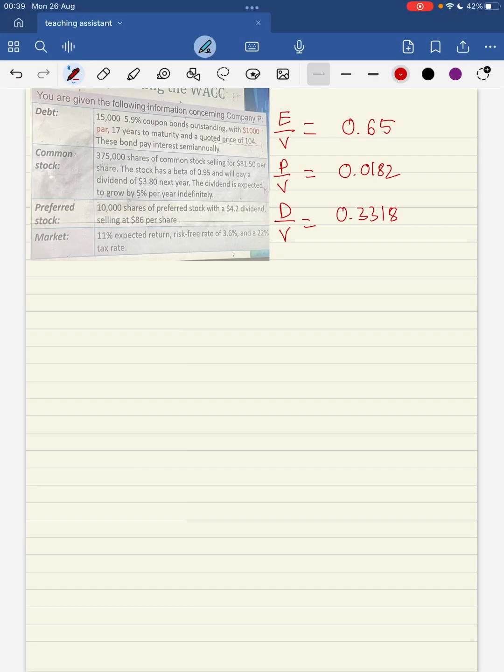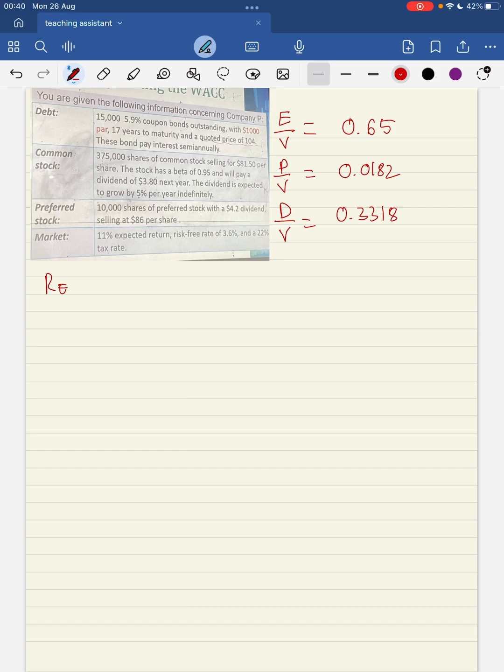The second step is to find out the cost of common stock, cost of preferred stock, and cost of debt. Let's first together find the cost of capital, the RE. We can also call it cost of equity. Here, we don't have enough information to use the security market line.